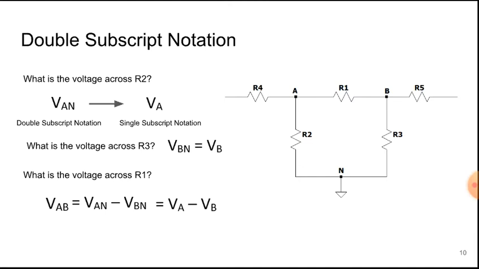And if we interchange them, if the direction is the opposite, then we make it negative. This means that VAB is equal to the negative of VBA. Why? Because VBA is equal to VB minus VA, so if we put the negative in there, it will still be equal to VAB, VA minus VB.